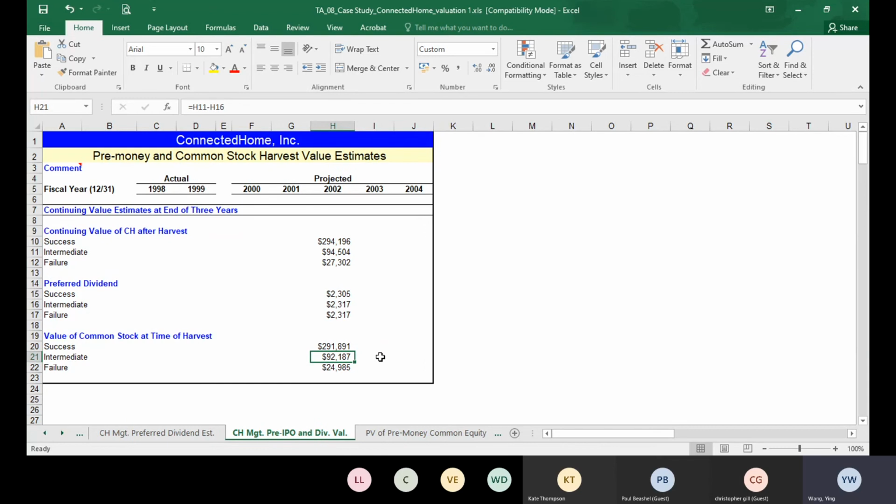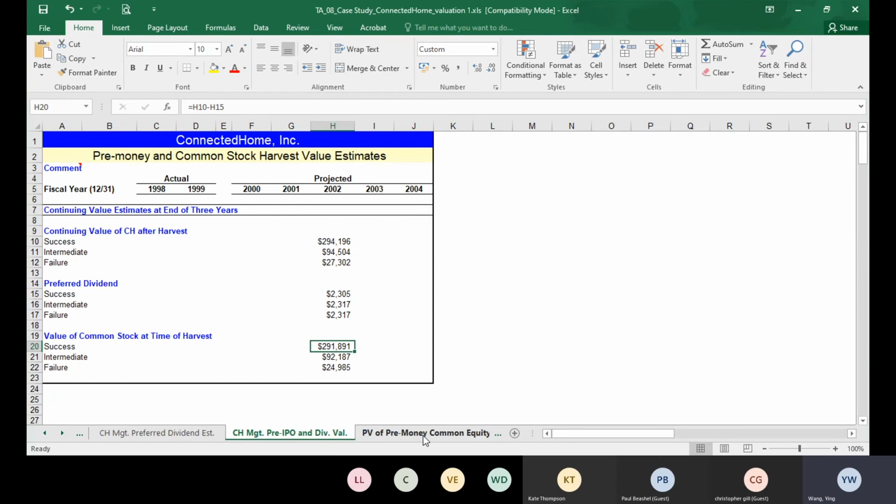And if the business goes to IPO, how they change their shares into public shares is calculated based on the common stock at the time of harvest. If it is a success, that's the value in the projected year, 2000. That's actually the 3rd year when they harvest. Therefore, they don't want to hold their harvest time longer. They prefer shorter, and that's why the strategy might be different in different ways.